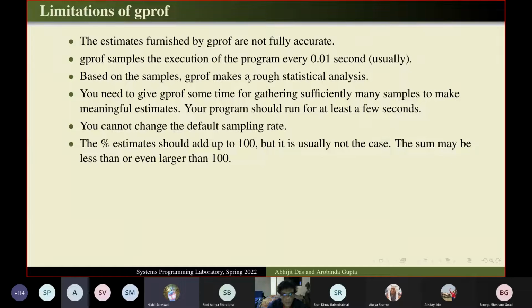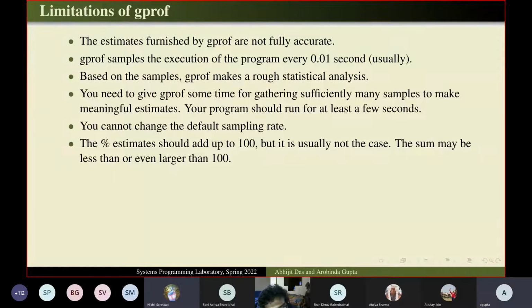Can I say something? Yeah, tell. You have to understand why you want to use gprof. First of all, if your program anyway takes 100 milliseconds or 1 second, you don't need gprof. Gprof is used basically for large programs, to identify performance bottlenecks.